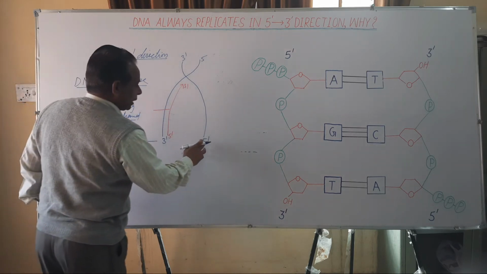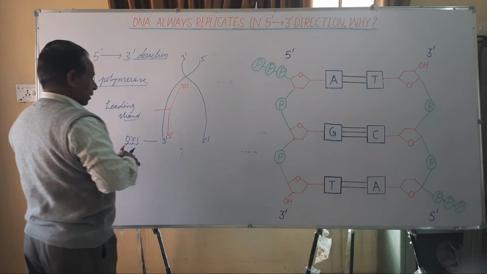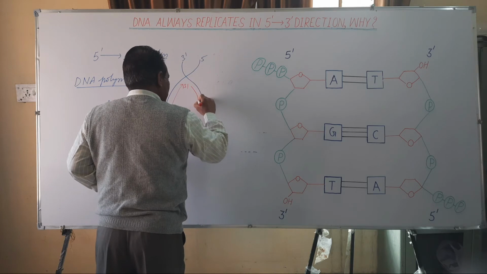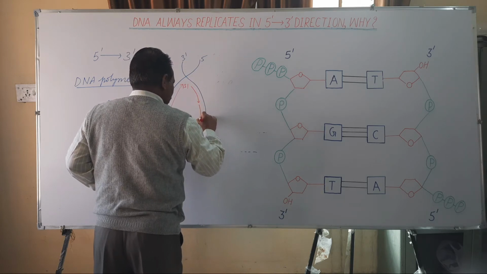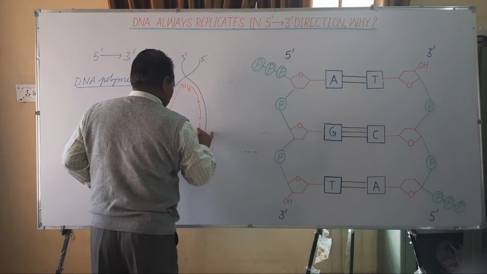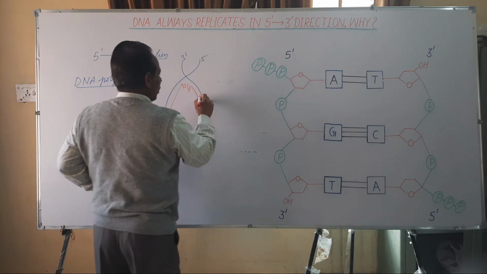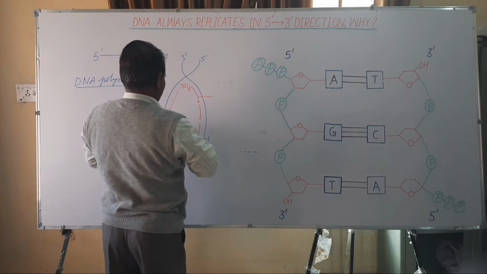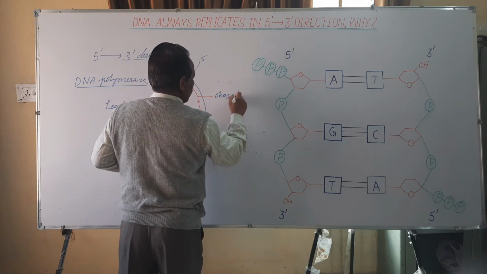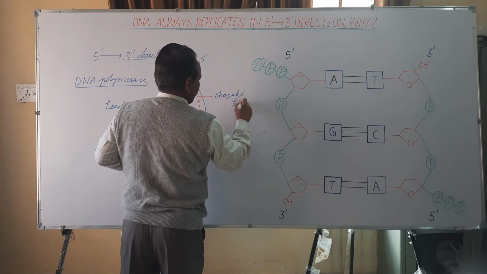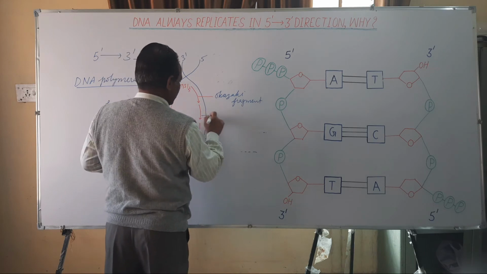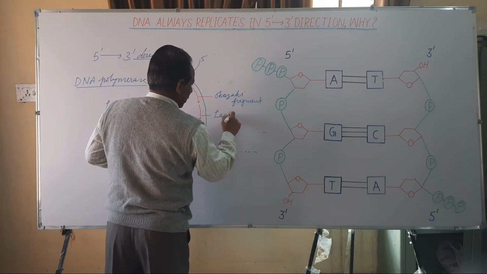For the strand which runs in 5' to 3' direction, the synthesis of the complementary strand is discontinuous in 5' to 3' direction in the form of Okazaki fragments, and this strand is known as the lagging strand.